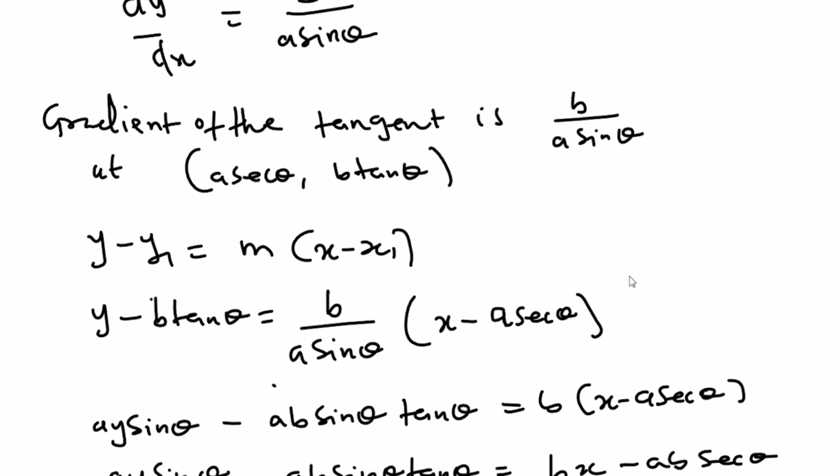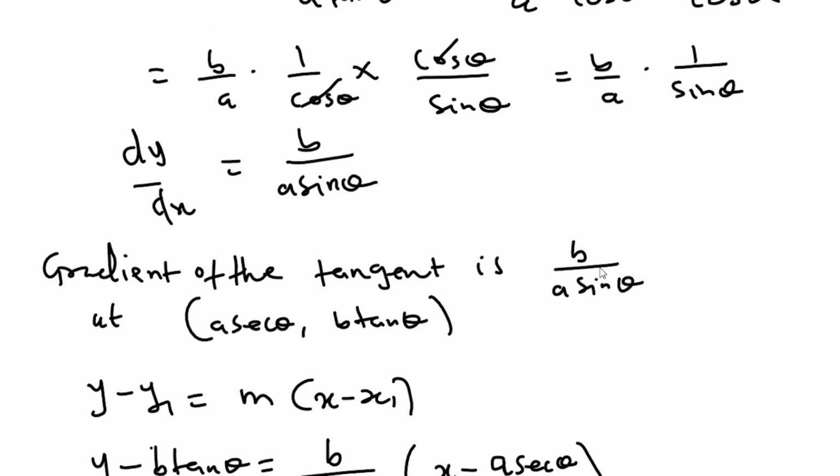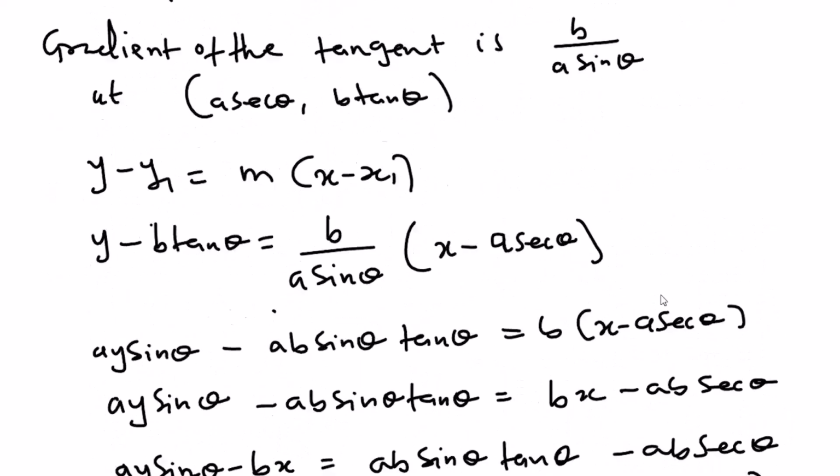Now, with the gradient of the tangent, you can easily find that of what? The gradient of the normal. Now, we have the gradient of the tangent being B on A sine theta.